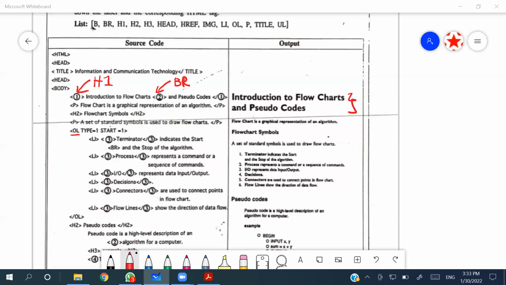So it is an OL, ordered list. So there are list items, right? And they have these number 3 tags in between these terminator and process and all these things.